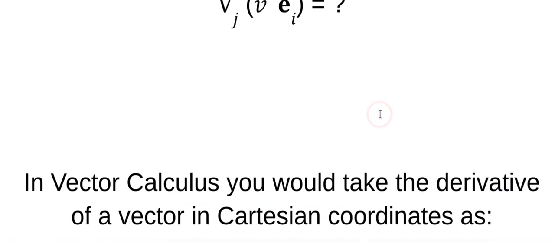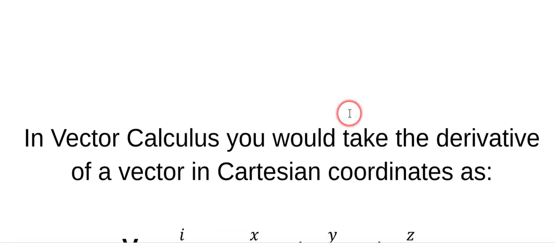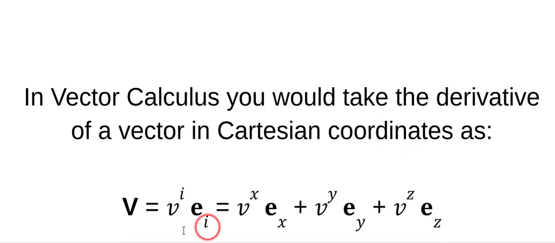Okay, in vector calculus, you would take the derivative of a vector in Cartesian coordinates. So you have a vector written as a linear combination of its components and basis vectors. It would have an x component, a y component, a z component, and the three basis vectors ex, ey, ez.